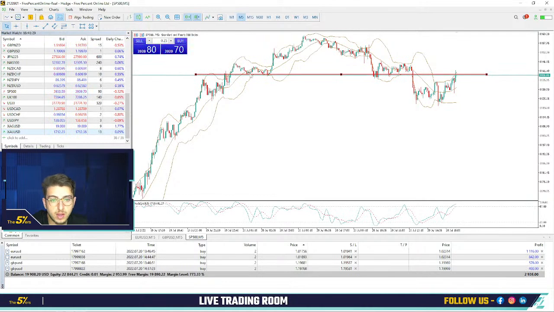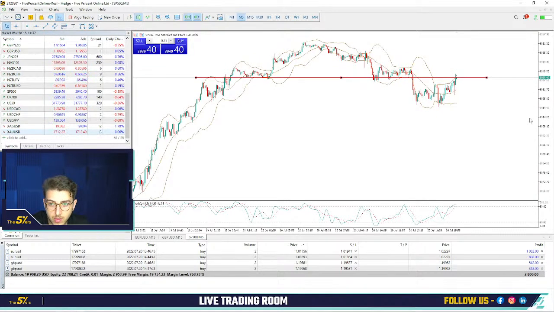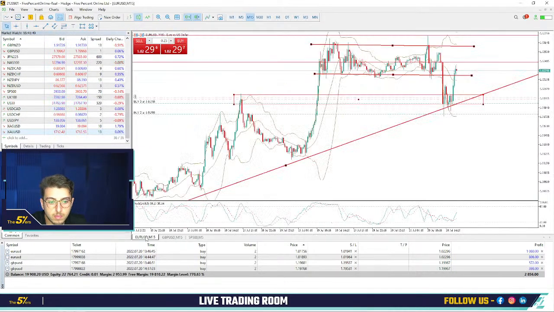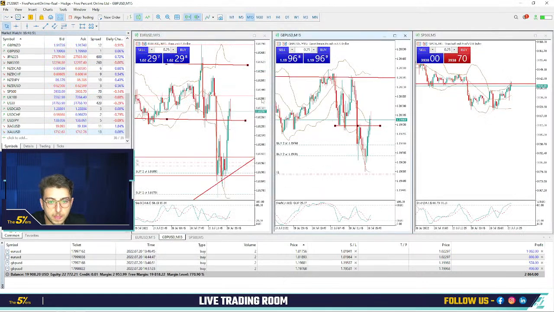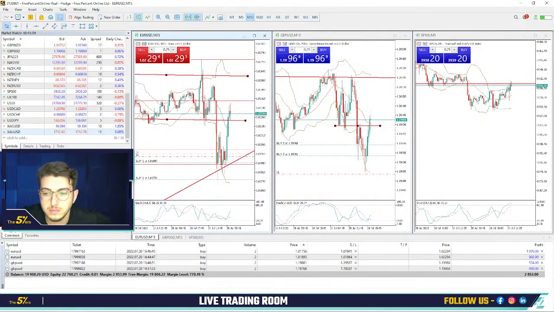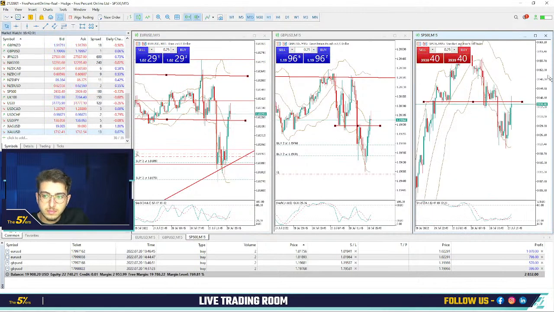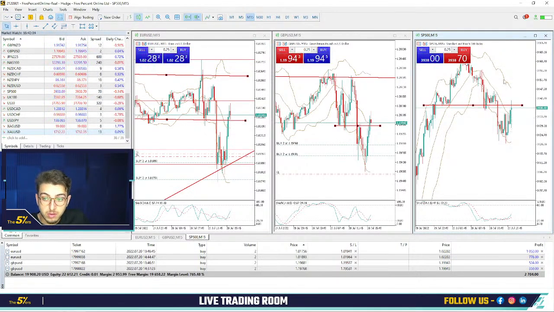You see, we touched that spot multiple times, we broke out, and then actually we start to make a retest to that spot. Yeah, this might be a short, for example, in the short term for the S&P.